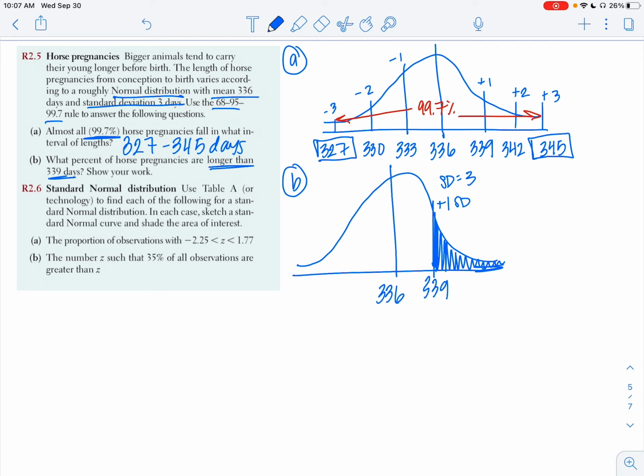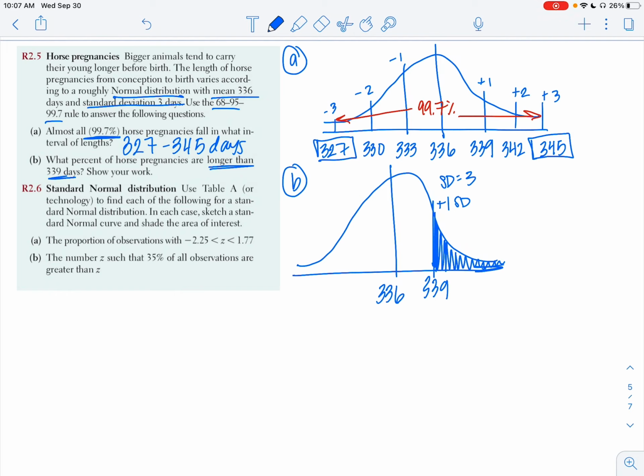So if I'm thinking about my normal flipbook and my curves, I can do a few things. I can add up these percentages. I can use a z-score. We'll do a z-score or we'll look at the normal curve flipbook to get the percentages.